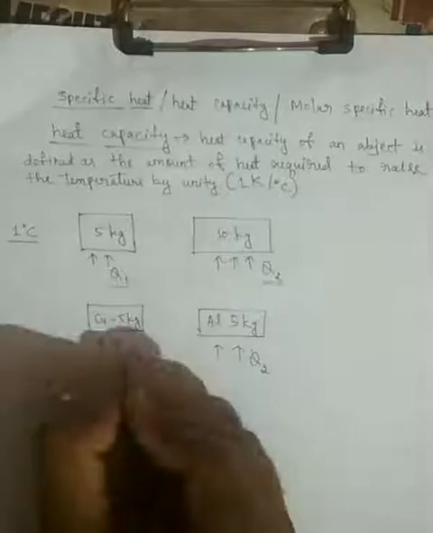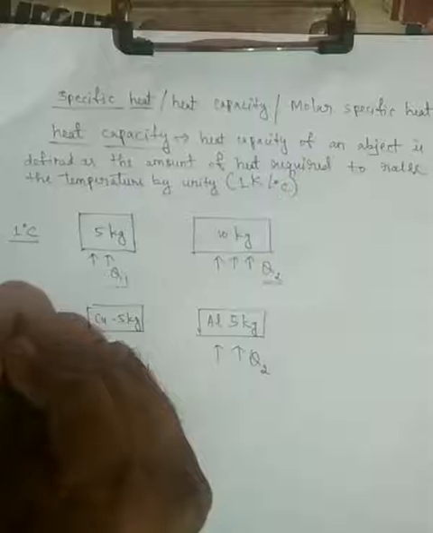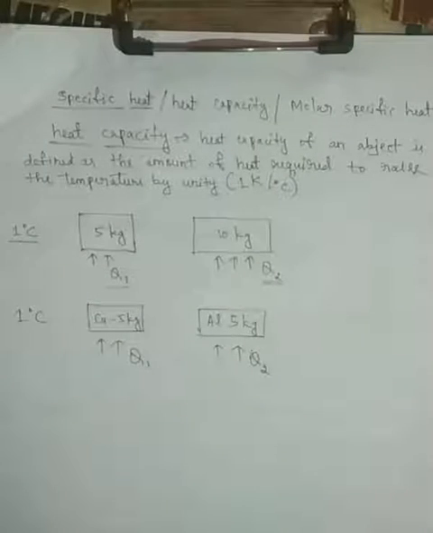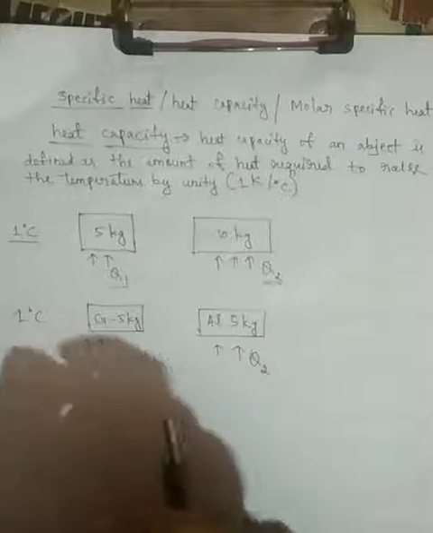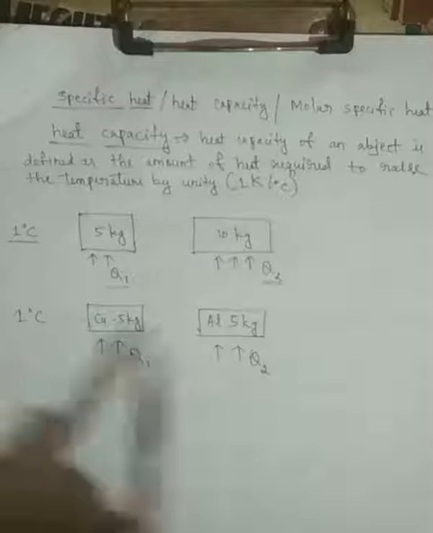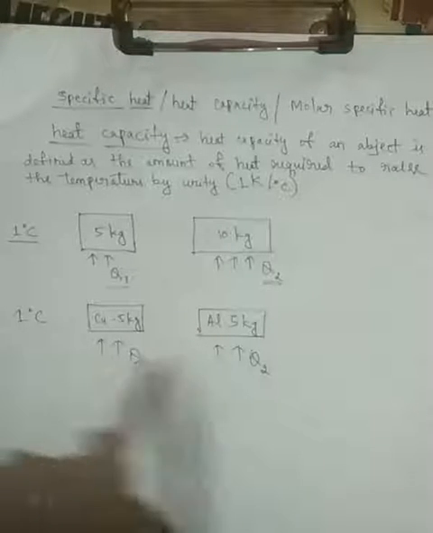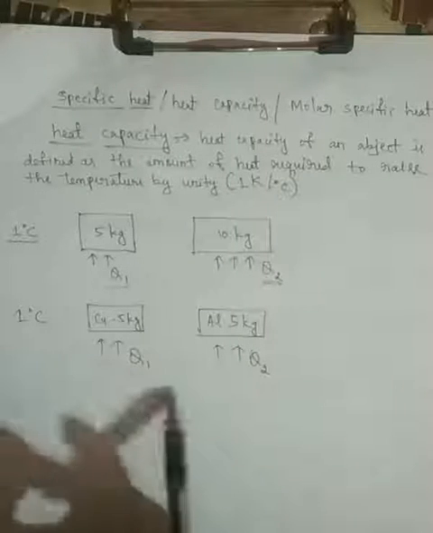So here also we are supplying different heats, Q1 and Q2, in order to raise the temperature of the objects by 1 degree Celsius. So even if you change the material, the amount of heat required to raise the temperature of the object is different.